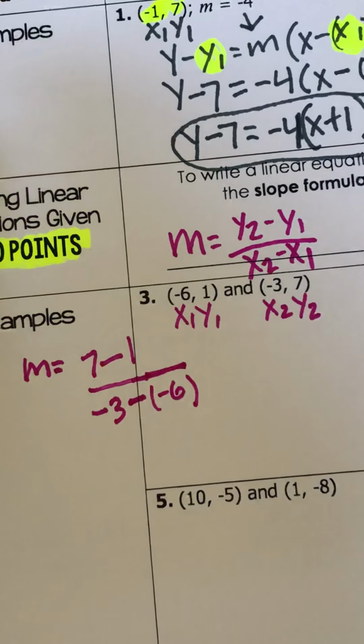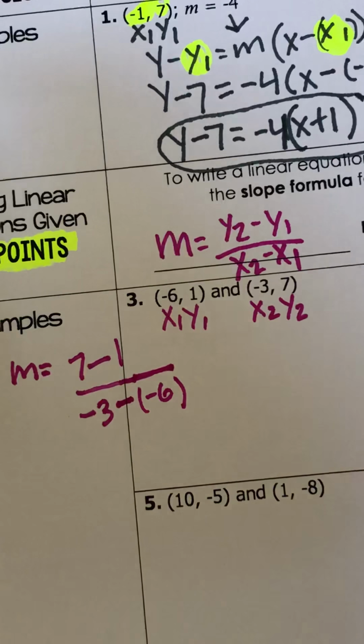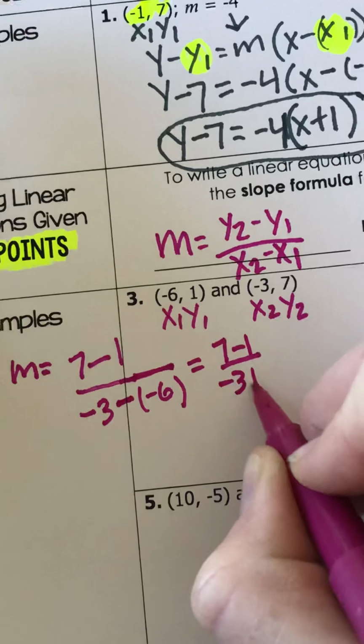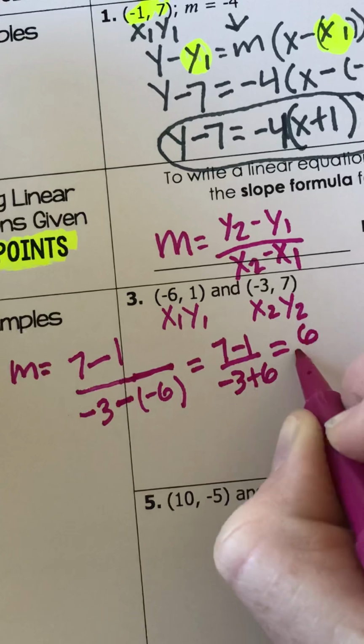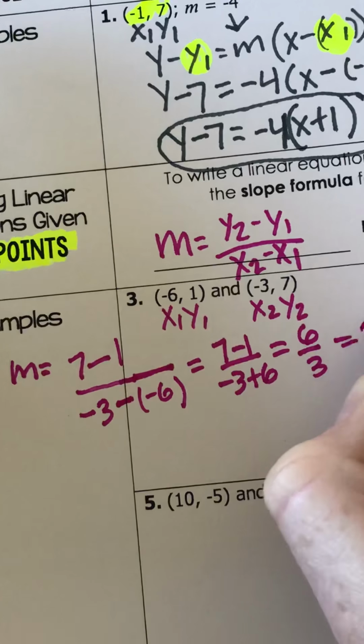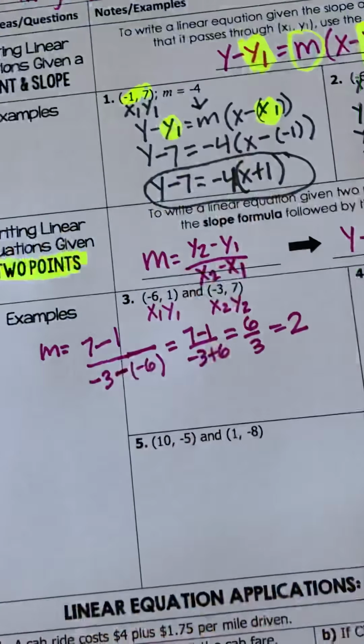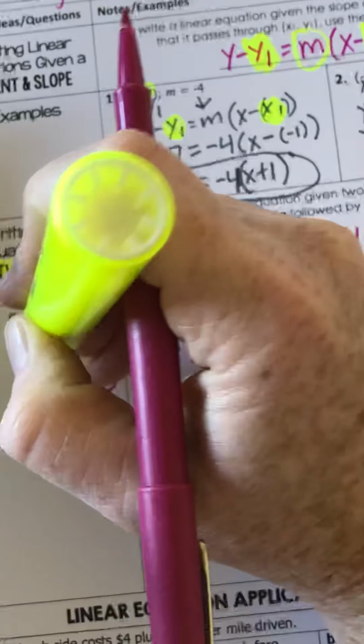Okay, so if the negatives come up twice, make sure you change that to positive. So this would be 7 minus 1 over negative 3 plus 6. That gives me 6 over 3. So the slope of that line is 2. Or the slope of those points are 2. Well, and the slope of their line, both.